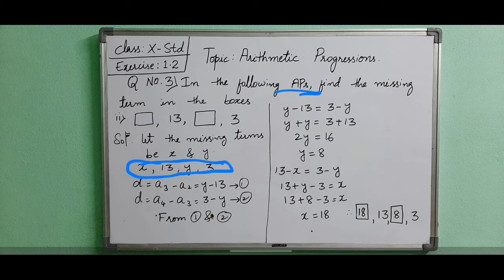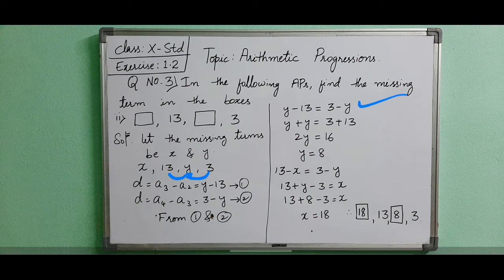We can write y minus 13 equals 3 minus y. Any two consecutive terms, if you subtract, the difference will be the same. That's why y minus 13 is equal to 3 minus y.